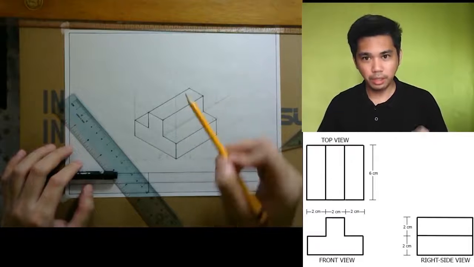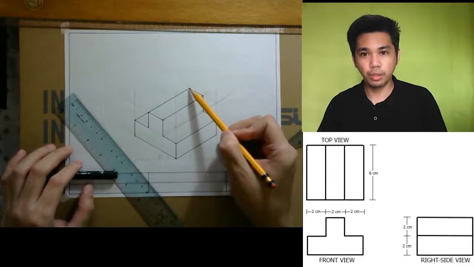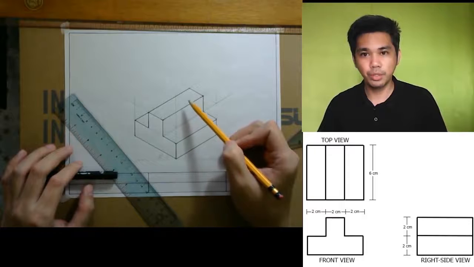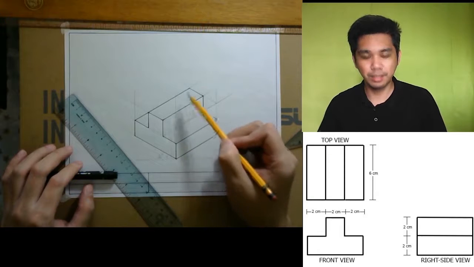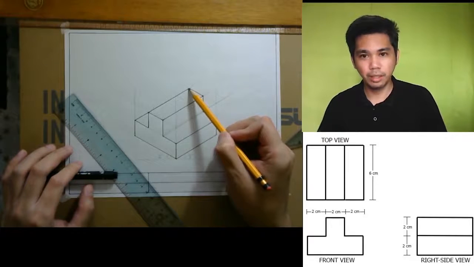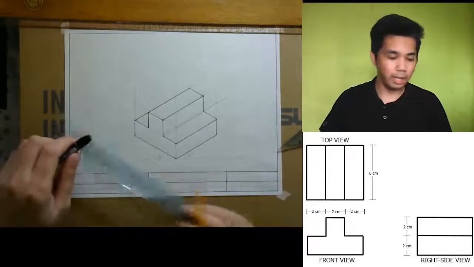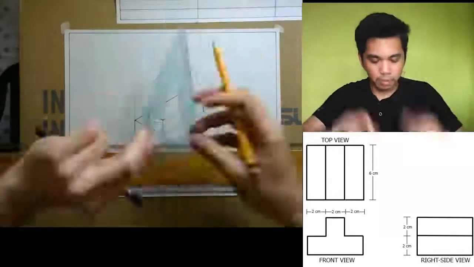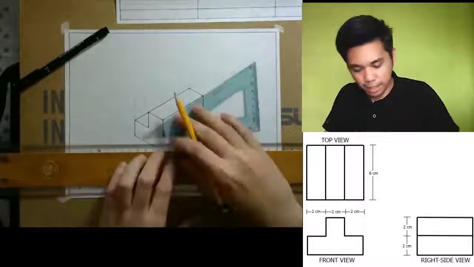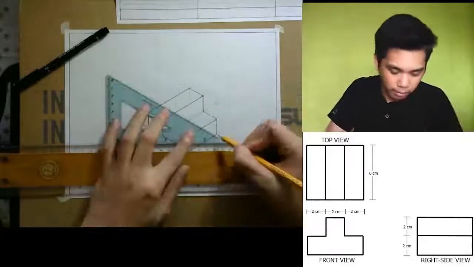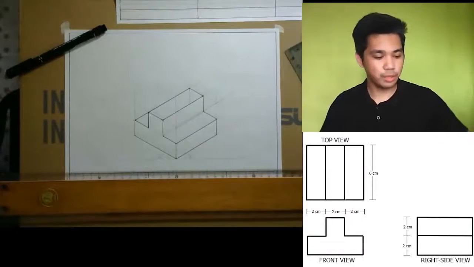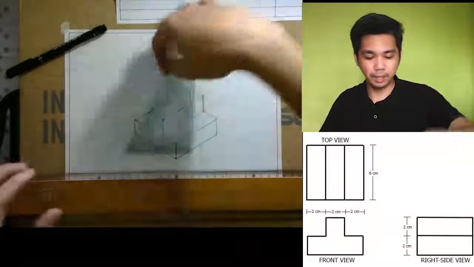Like I've said earlier, points or intersections, intersecting points, they should have lines. So definitely, in this intersection point, there should be a line there. So let's try to ink some hidden lines.